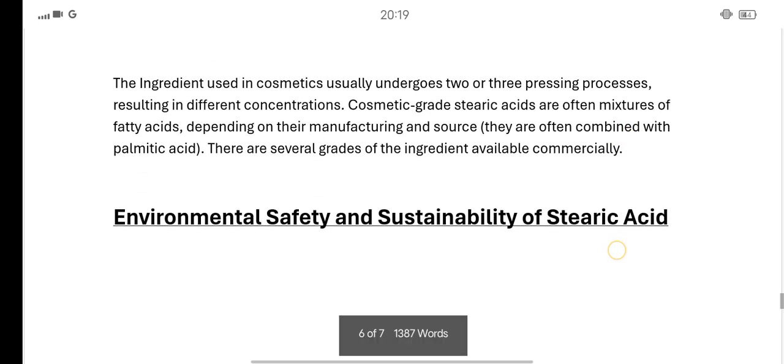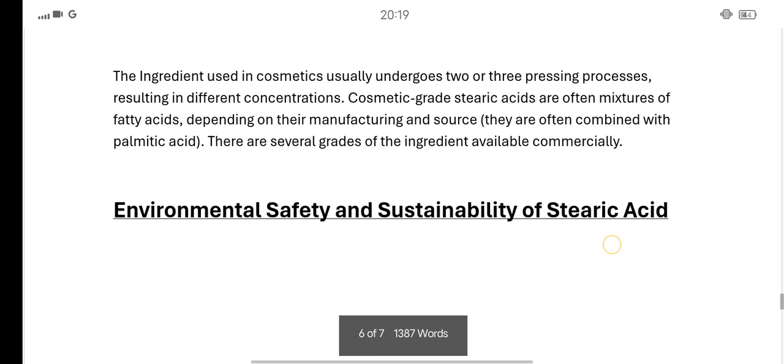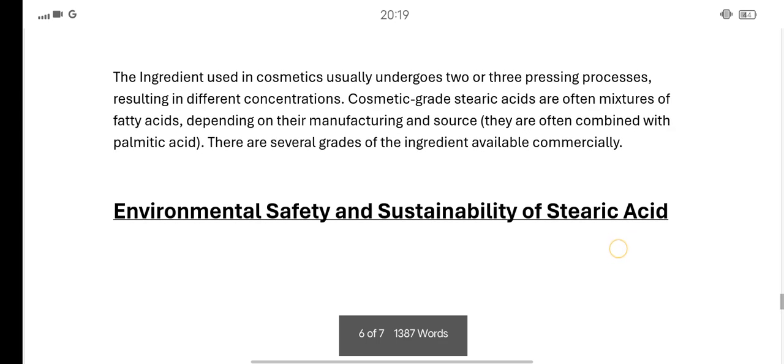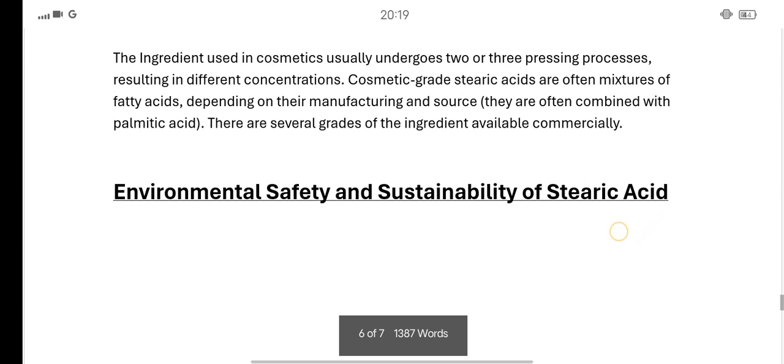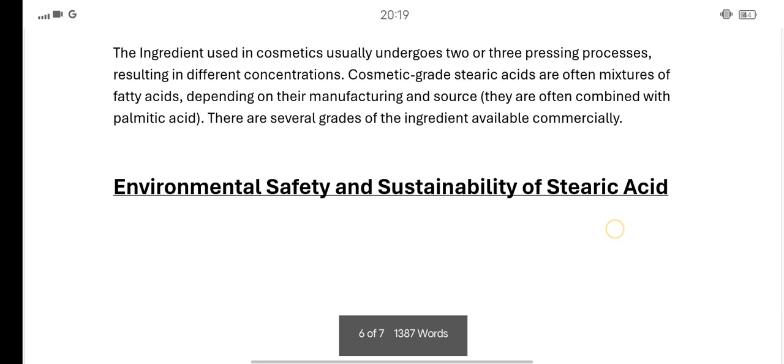The ingredients used in cosmetics usually undergo two or three pressing processes, resulting in different concentrations. Cosmetic grade stearic acid is often a mixture of fatty acids depending on manufacturing and source. They are often combined with palmitic acid.